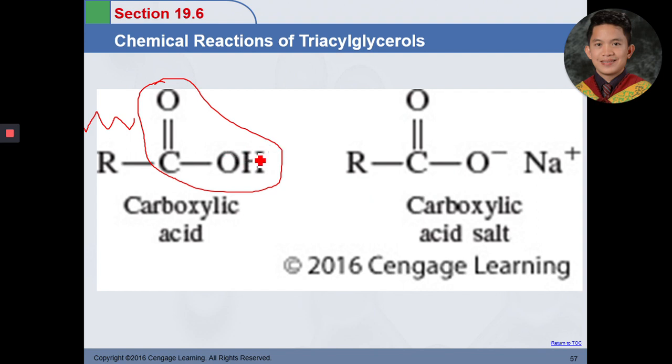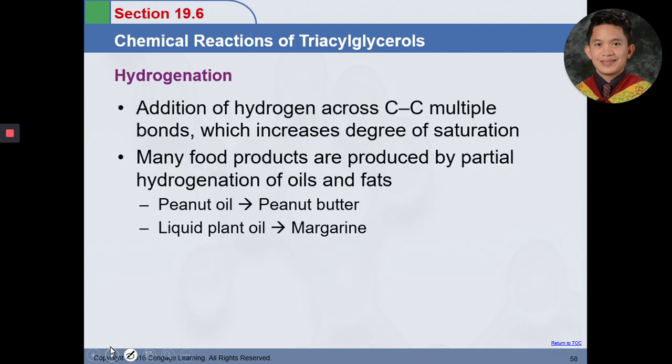Now, the third chemical reaction of triacylglycerols is what we call hydrogenation. From its very name, hydrogenation is just adding hydrogen atoms to our triacylglycerols. So this involves addition of hydrogen across the carbon-to-carbon multiple bonds, which increases the degree of saturation.